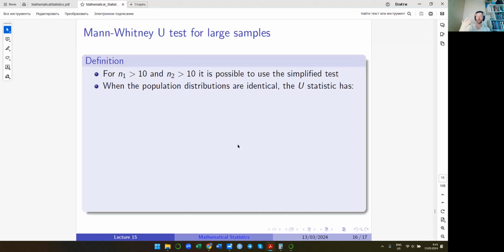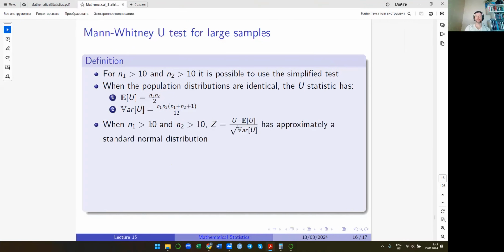If the population distributions are identical, which means that the null hypothesis is true, the U statistic has the following expected value. Expected value is n1 times n2 over 2. And the following variance, n1 times n2 times n1 plus n2 plus 1 over 12. So again, we don't derive these variances, we just trust the textbooks.